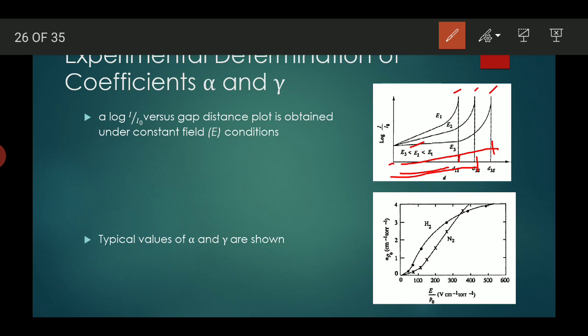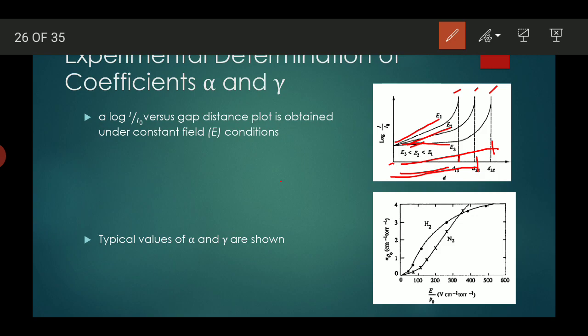From the result, the log of I slash I0 versus gap distance plot is obtained under a constant field E condition as shown here. The slope of the initial portion of the curves gives the value of alpha. How do you get the slope? Slope is the tan of the angle between 2 points.